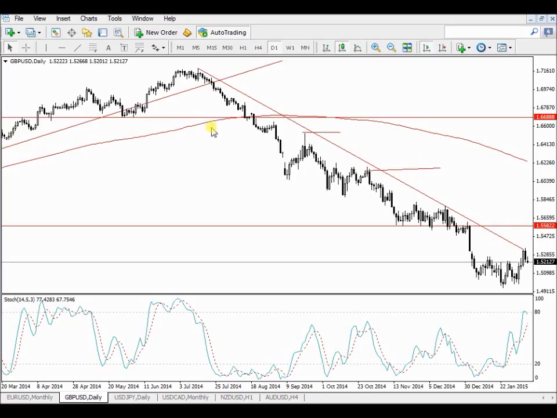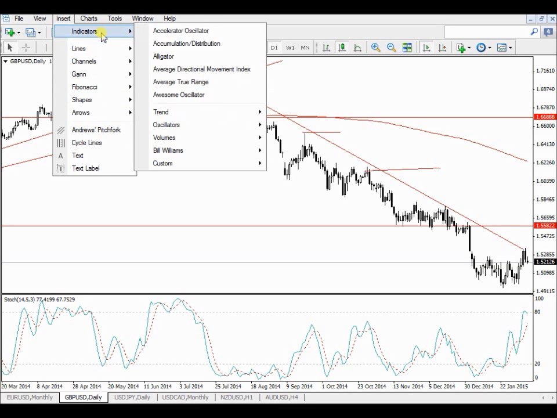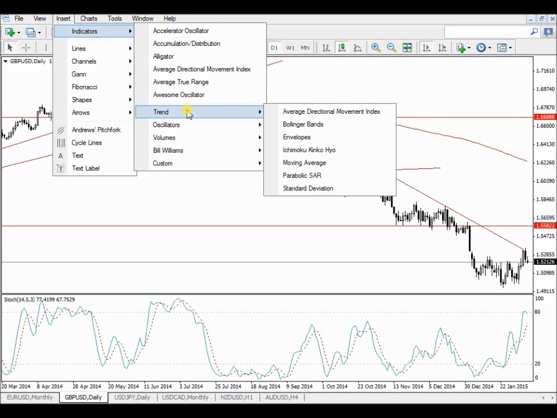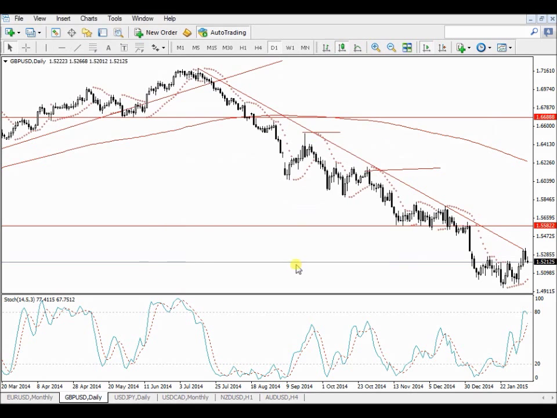So that's a nice thing to have. And if you don't know where the last resistance or the last support is, there's one indicator that you can use, and it's called the parabolic SAR, stop and reverse. It will give you dots. If you're in a bear market, the dots will be at the top.